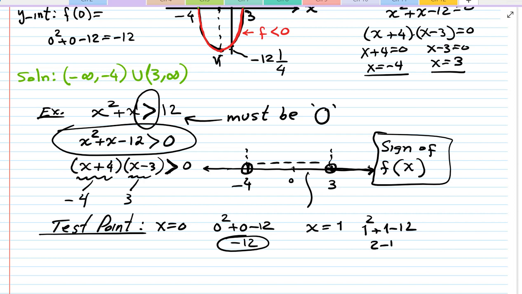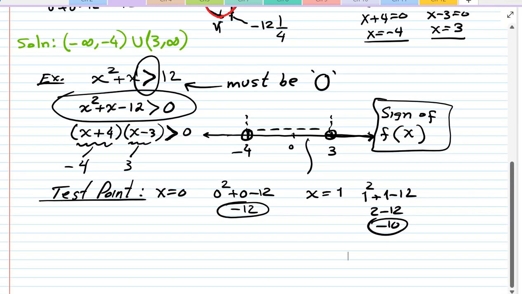That's going to be 2 minus 12, negative 10. See that? The fact that it's negative is what matters. The magnitude will be different, but it's a negative number. So we can try any number between negative 4 and 3, and you're going to get a negative value for the function. Now, let's try a different test point.